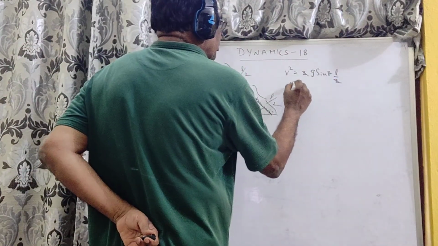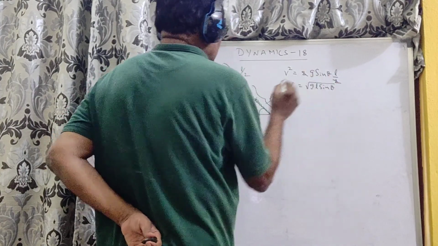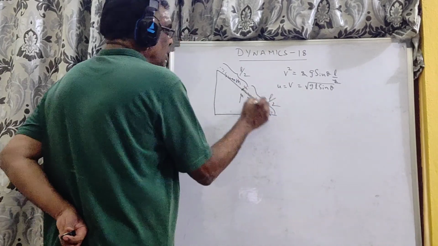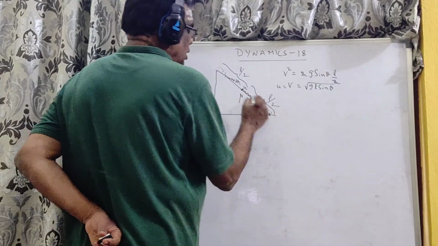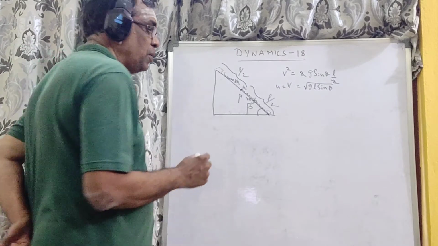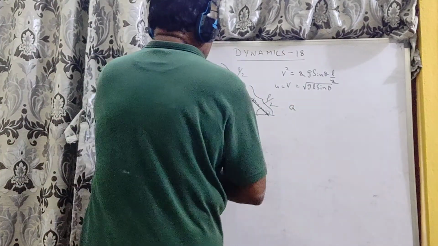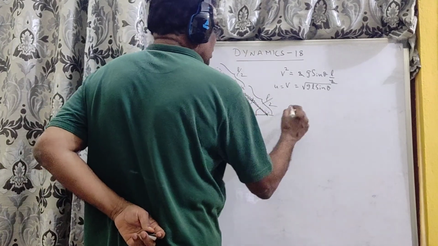Therefore, this is this. Now this u is equal to this in the rough terrain. And what is the acceleration if mu is constant, of course? So how do you get the retardation there? The body comes to rest, he said.